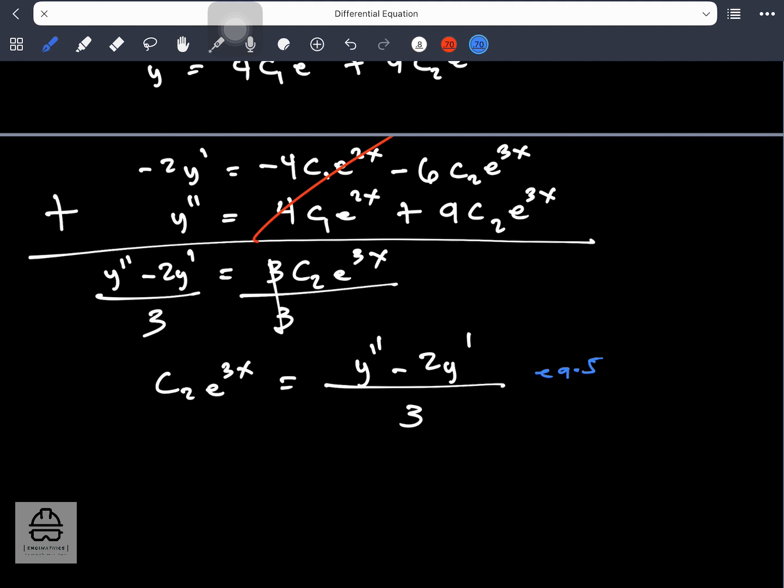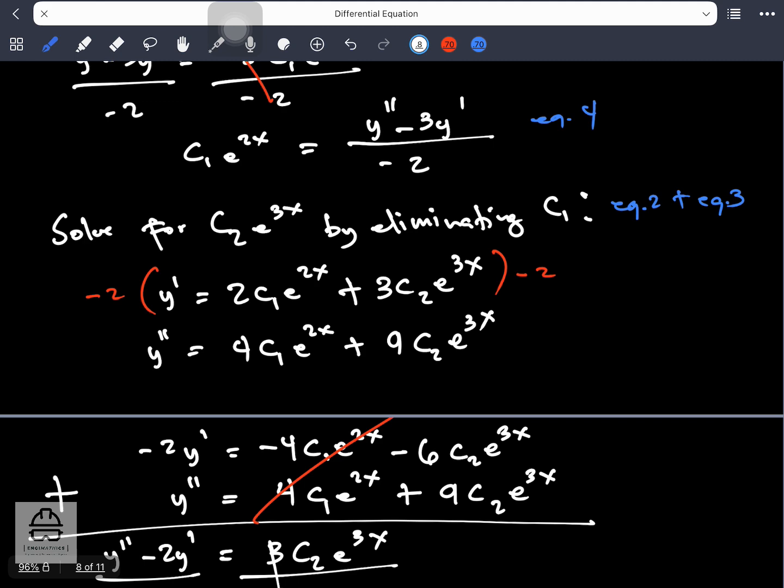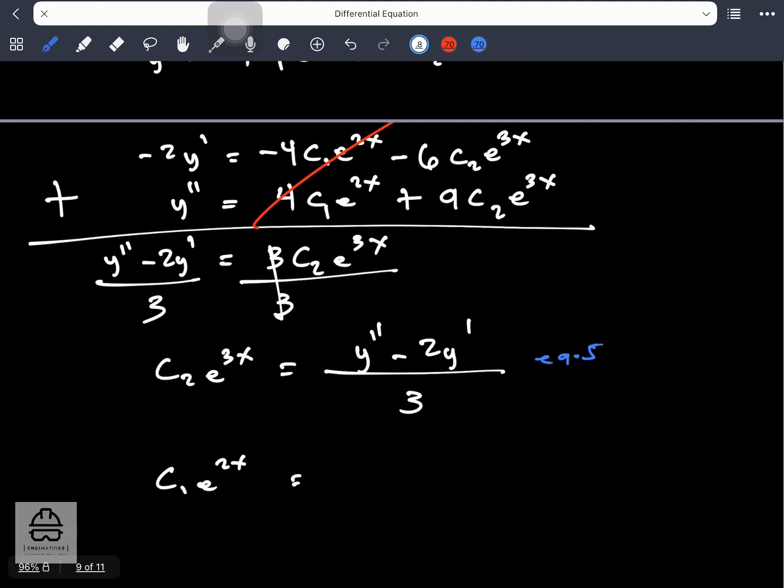Okay, so let me write here our c sub 1 e raised to 2x is equal to y double prime minus 3y prime divided by negative 2.